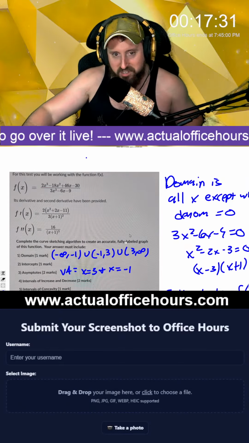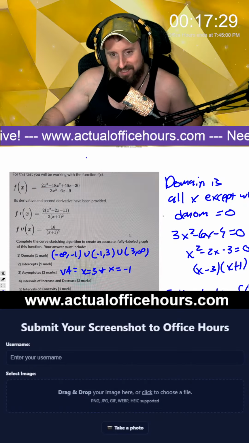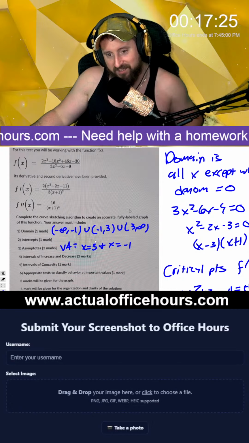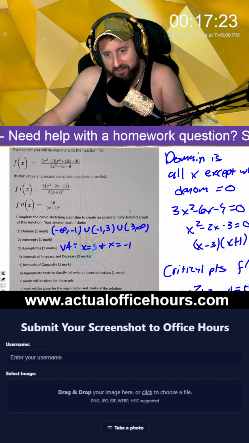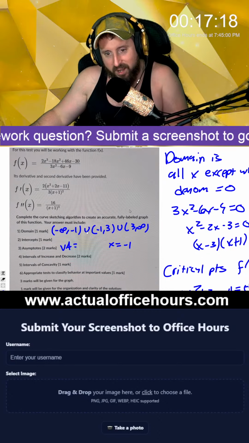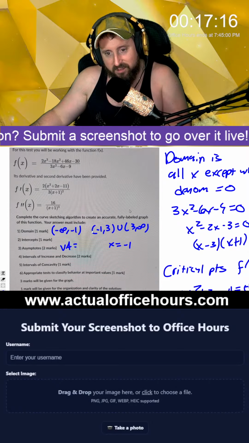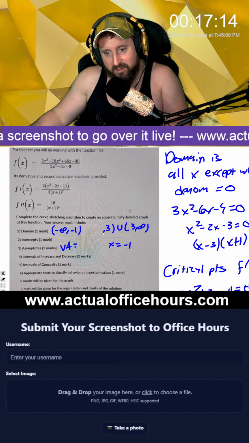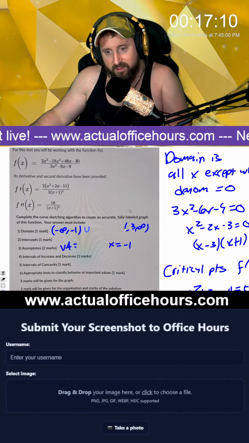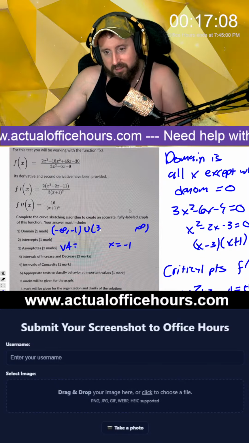Ah, the x equals 3 actually gets canceled. Man, I wouldn't have done that. I didn't think that 3 worked on this. Oh, man. Okay, so there is no vertical asymptote at 3. So, I apologize. So this is union 3 to infinity.